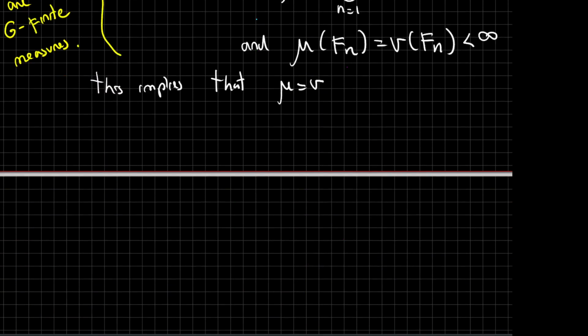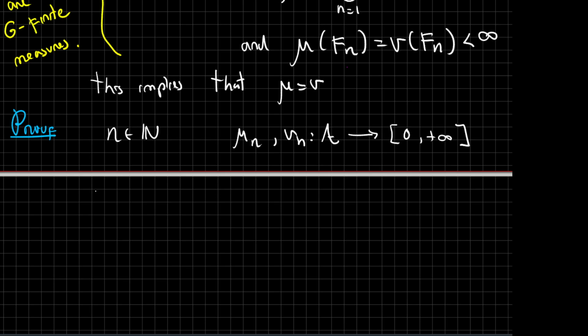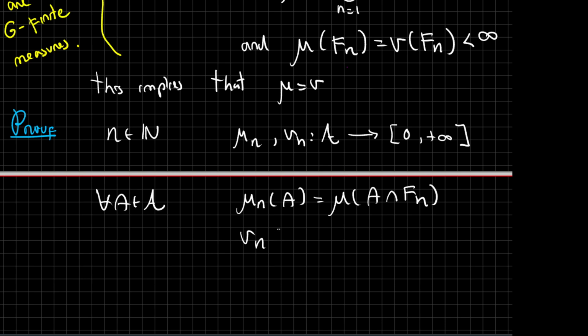So the proof will be the following. Say that we fix some natural number n and define two functions from the sigma algebra into the extended interval that are defined as, for every element of the sigma algebra, intersected with this set, and the same for the other one, right?